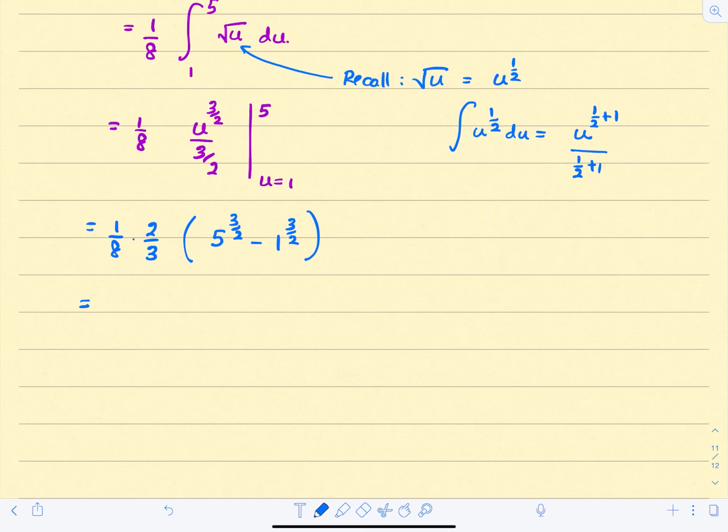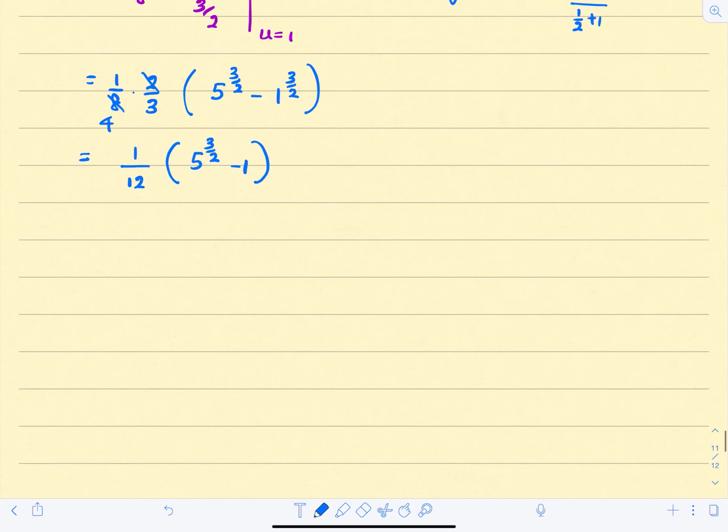If you simplify this, you should get 1 over, this is 4, 4 times 3 is 12, times 5 to the power 3 half minus 1. Okay, but this is not the final answer. This is the value of the second line integral.